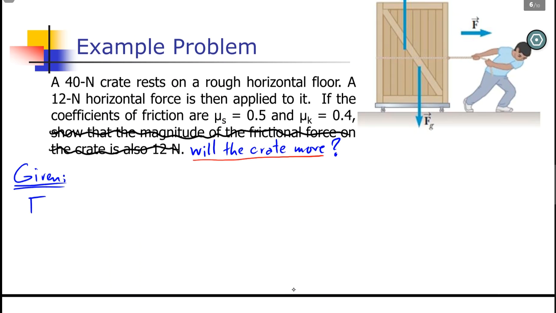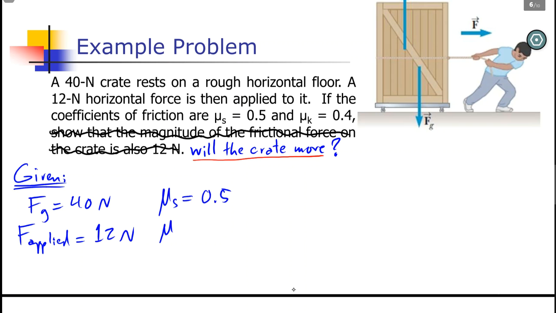So we're given the weight, the magnitude at least, and also the magnitude of the applied force, 12 newtons. We're also given coefficients of static friction and kinetic friction for this crate to this specific floor.